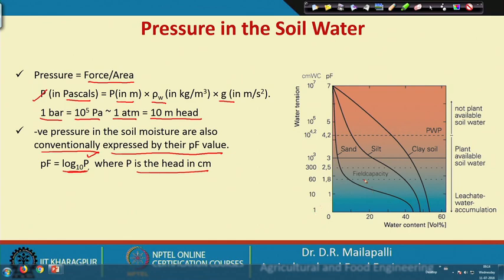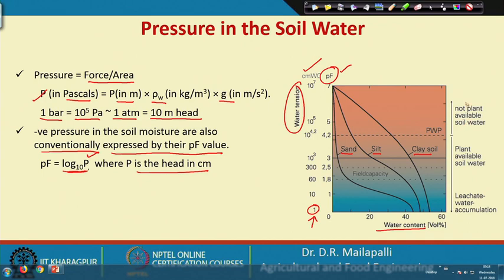If you see this graph for different soils, sand, silt, clay, with water content on the x axis and tension on the y axis, this is the Pf curve. The values are in head units, not tension units, and the logarithm of that gives the Pf value.